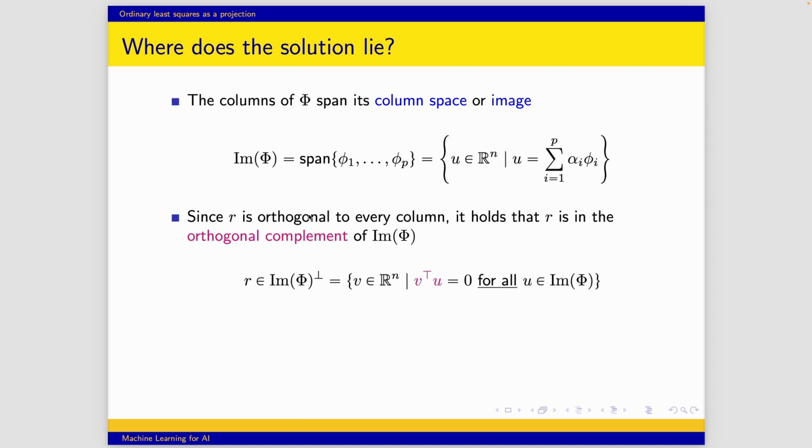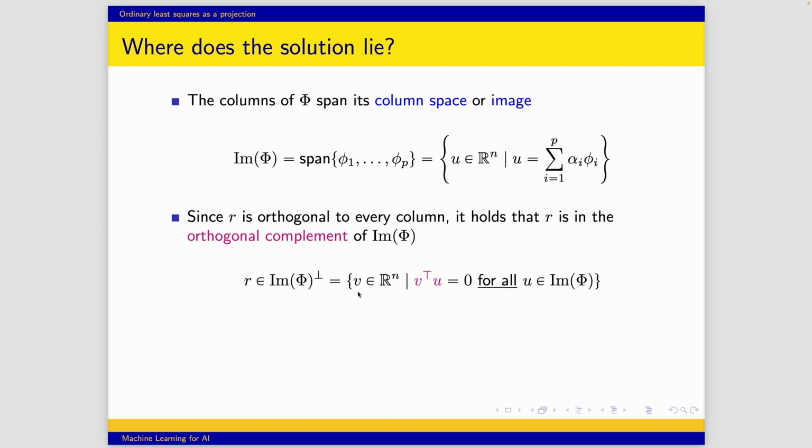Now, R is orthogonal to every column. So R must be in the orthogonal complement of this image space. And we write this orthogonal complement as the image space with this perpendicular sign. So R is in the orthogonal complement of the image space. What is that?